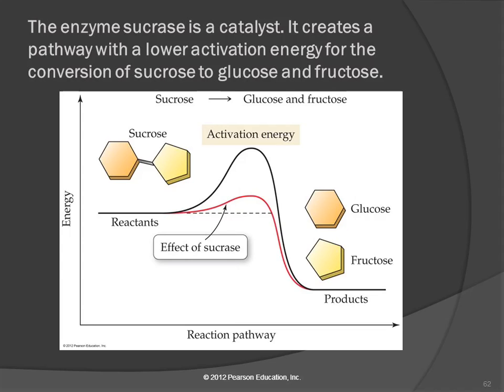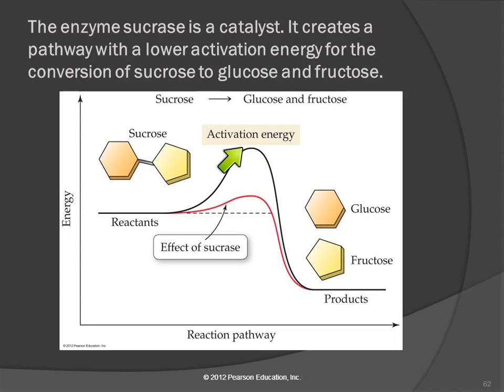So sucrase is a catalyst. So here's sucrose. Sucrose is glucose and fructose. It's a disaccharide. And when your body metabolizes it, it takes it apart. And in order to take sucrose apart into glucose and fructose, there's a certain amount of activation energy that needs to be overcome at normal body temperatures.